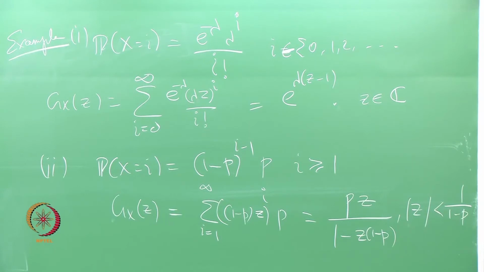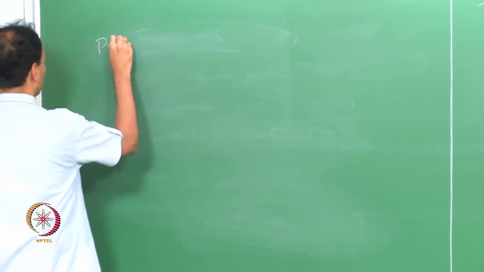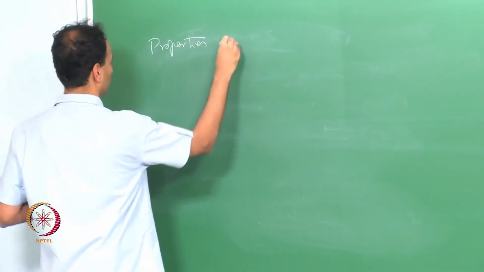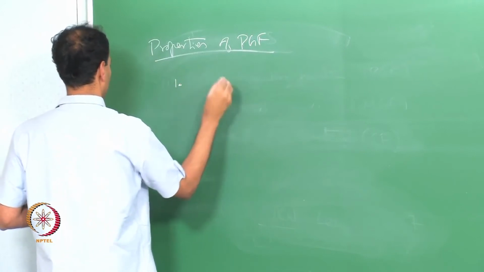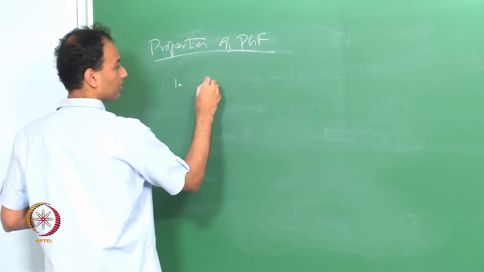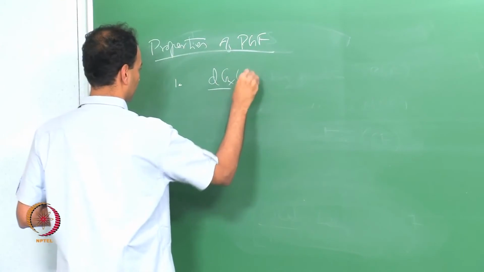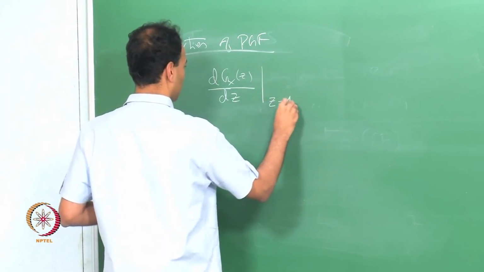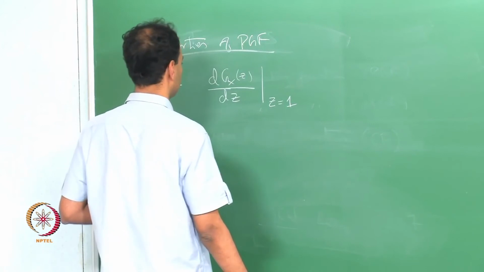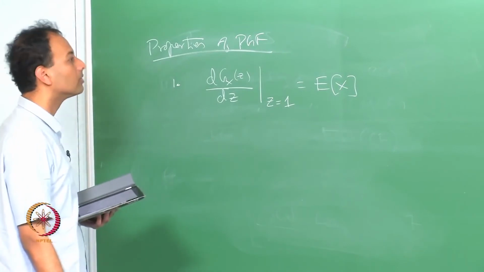So, let us look at some properties. First property is that if you take dg dz and evaluate it at z equal to 1, you get expectation of well, okay.